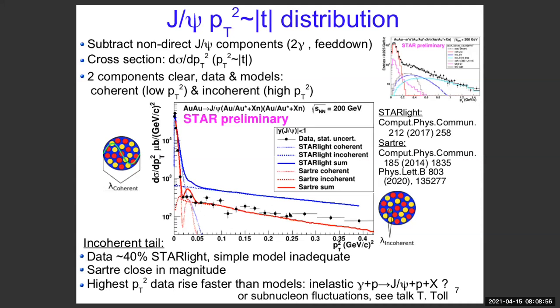In fact, you see at the highest PT squared, the data rise a bit faster than this model. This could be due to the inelastic incoherent, which is not incorporated, or subnucleon fluctuations. And this will actually be part of the subject of Tobias' talk later this afternoon. And I urge you to come back and see what he has to say about this.